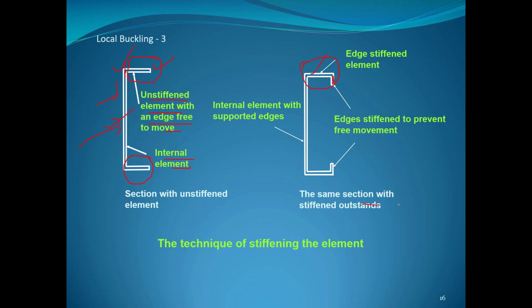So this is the same section with the stiffened outstands. This technique is used for stiffening the element. Basically we are stiffening the element on both sides to make it a stiffened one. As we don't have lips here, we provide lips to make the section stiffened.